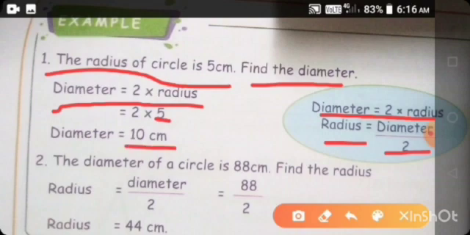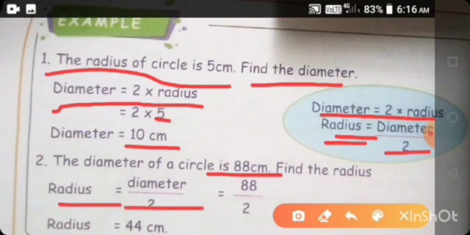10 centimeter. And second one, the diameter of a circle is 88 centimeter. Find the radius. Given the diameter, we find the radius. Radius is equal to diameter divided by 2.